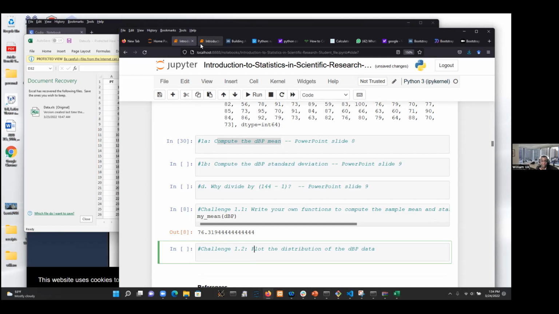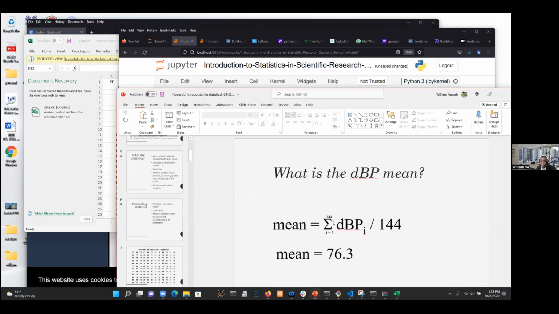Remember, there's the instructor file you can look at, but we recommend you try it on your own, and then use the instructor file. Remember the formula is the summation, and the sum is np.sum. So you do np.sum on this and divide by that, and you should get the mean.